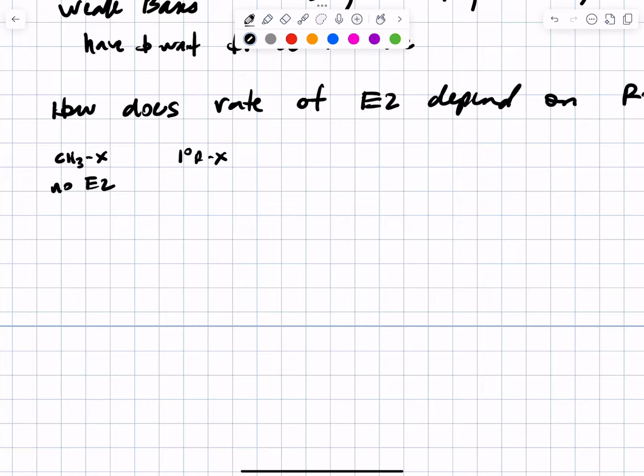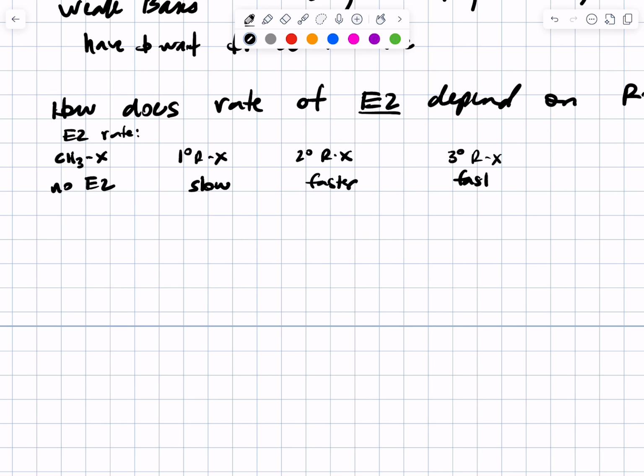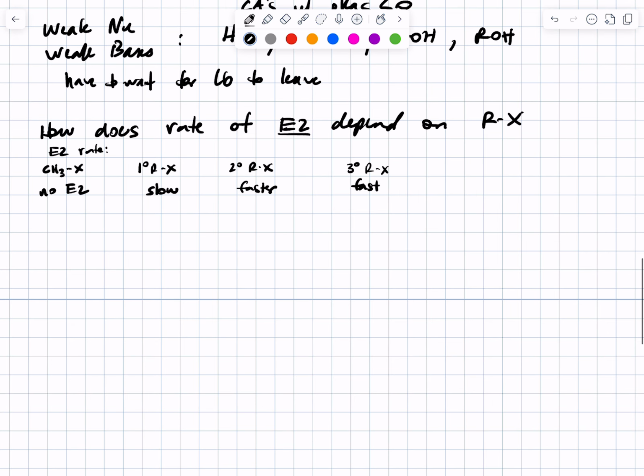And I want you to do better than the folks at 8 a.m. did, all right? Pressure's on, right? E2 is slow for primary alkyl halides. It's faster for secondary alkyl halides, and it's very fast for tertiary alkyl halides.